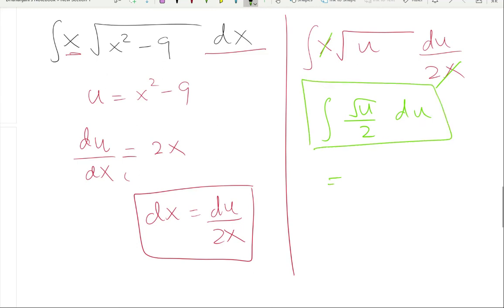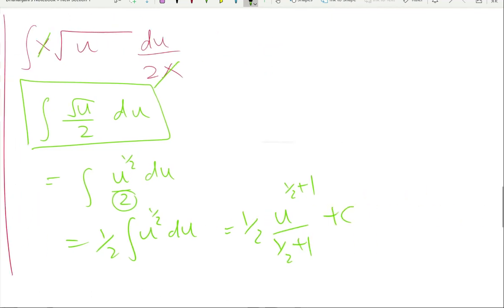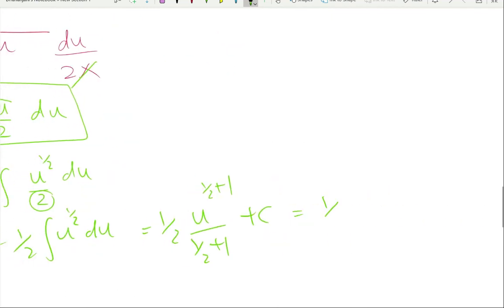Good. Now I can rewrite square root of u as u to the half. If you integrate u to the half, we can take the 2 outside. What you get is one half times u to the half plus 1, over half plus 1, plus c. Now let's simplify this further.